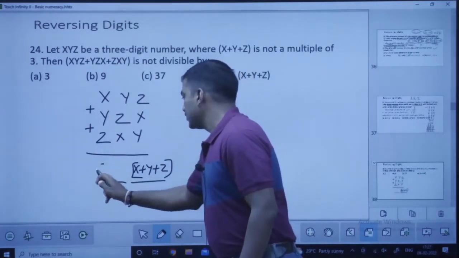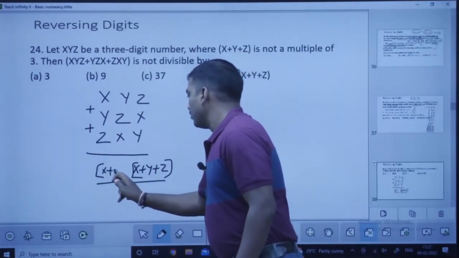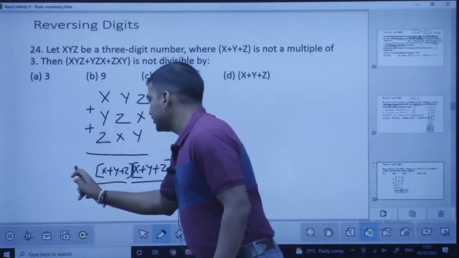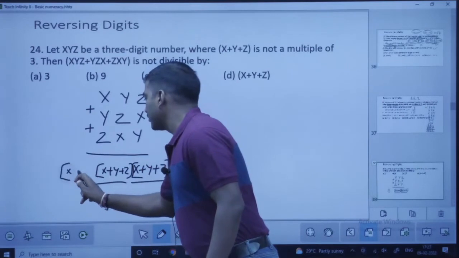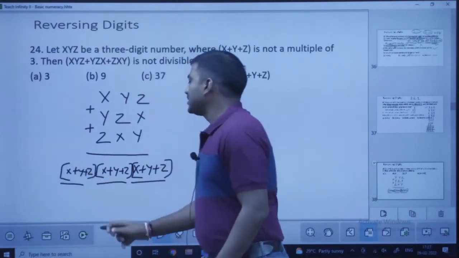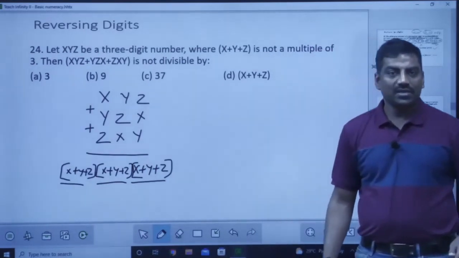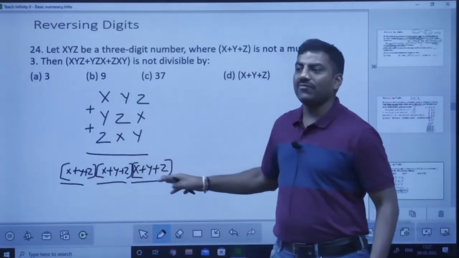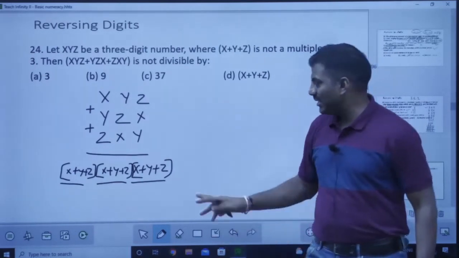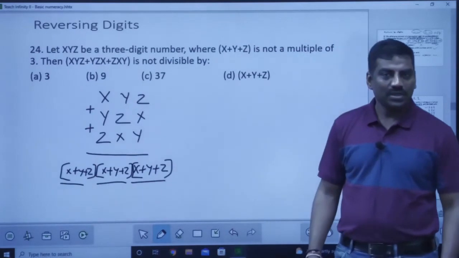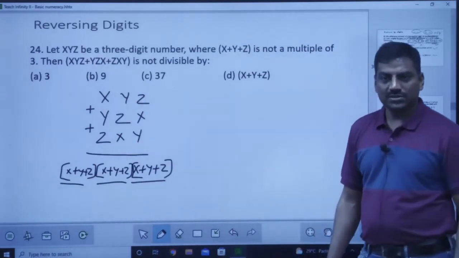What about this? Same thing. Isn't this number a fancy number again? I don't know what number this is, but it is repeating 3 times. Same number, no? X plus Y plus Z, X plus Y plus Z, X plus Y plus Z. This is repeating 3 times.